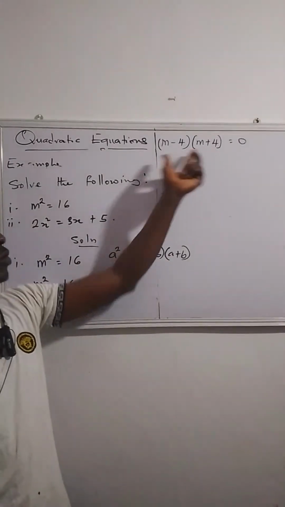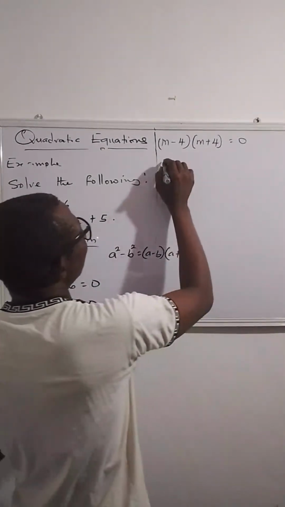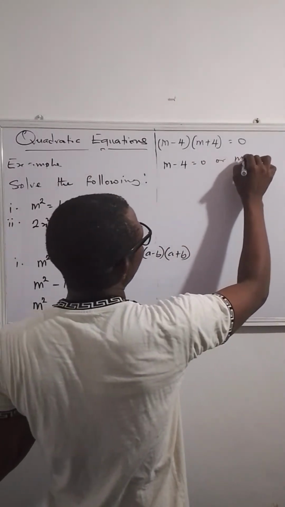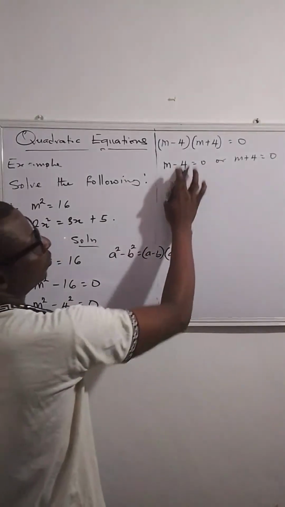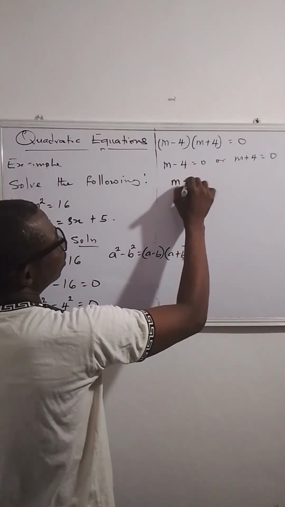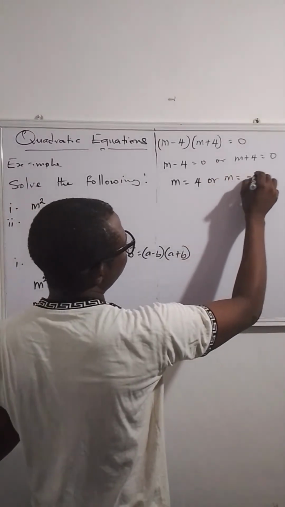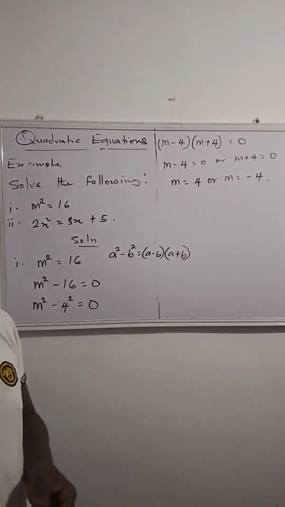Now we have two numbers multiplying each other to have 0. So it's either m minus 4 equals to 0 or m plus 4 equals to 0. From here, you move this minus 4 to this side. You have m equals to 4 or m equals to minus 4. So that is the answer to the first question.